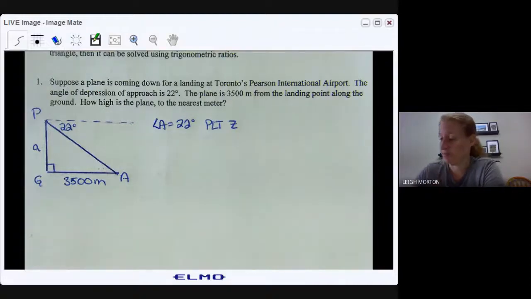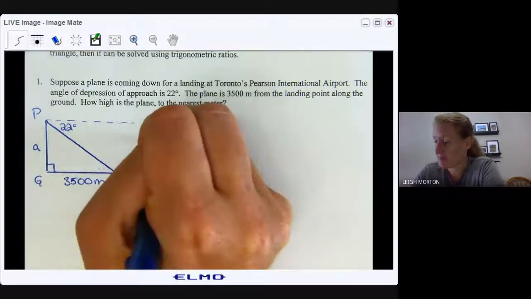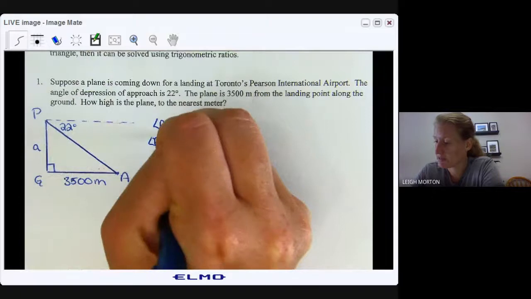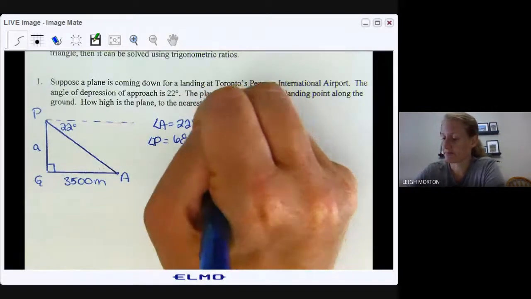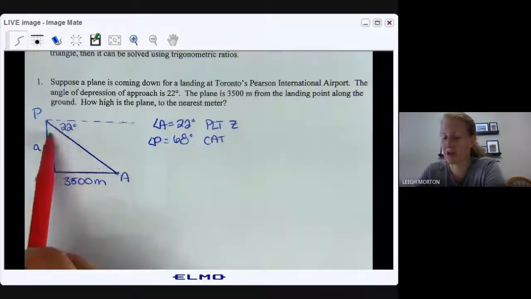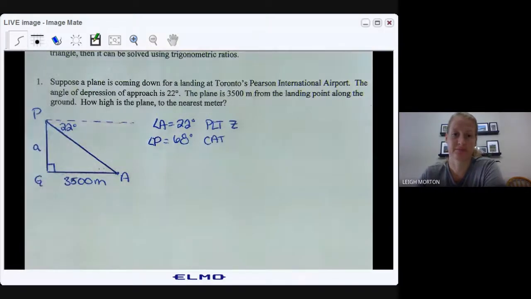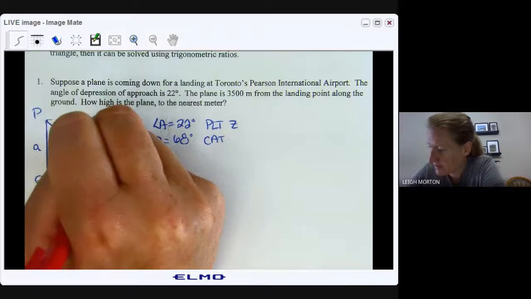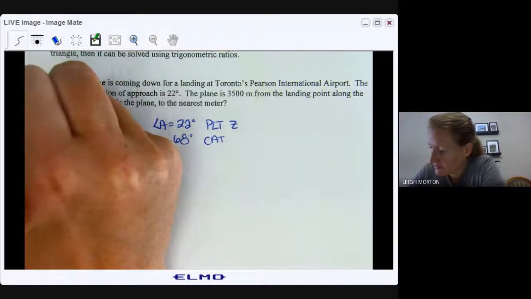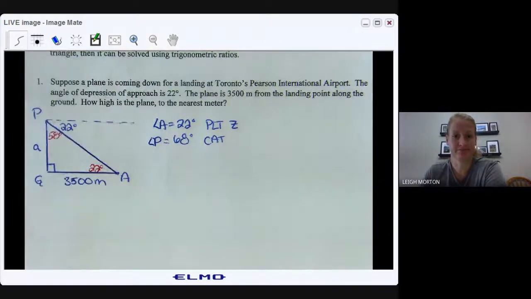The other option is I know that angle P is 68 degrees, right? Because of the complementary angle theorem. And that's that these two angles will add up to 90 degrees.